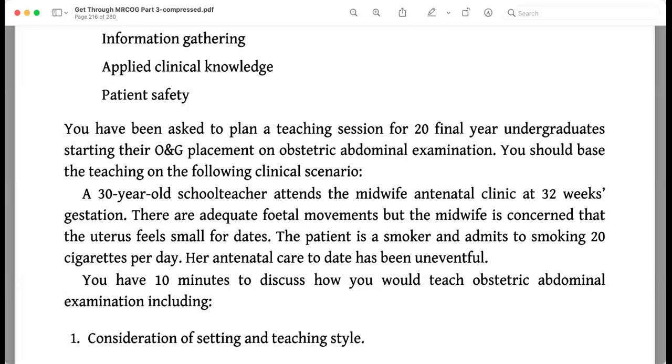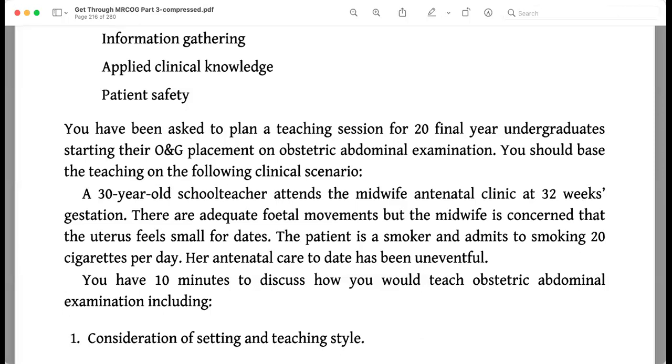With 32 weeks, we expect the measurement to be 32 centimeters. I will from time to time invite questions from the 20 students, whether they have any queries, so that this is a two-way teaching and not a one-way, making it an interactive session.